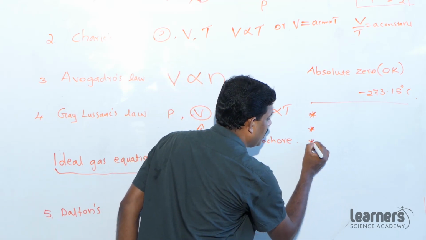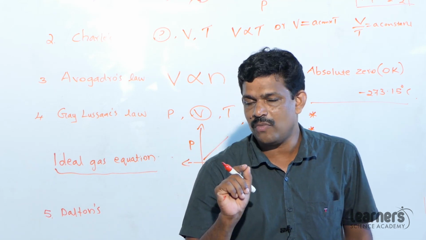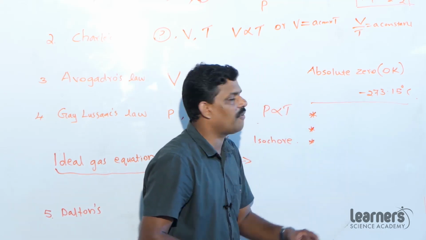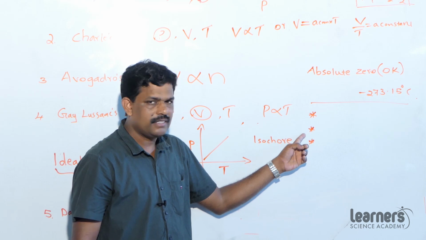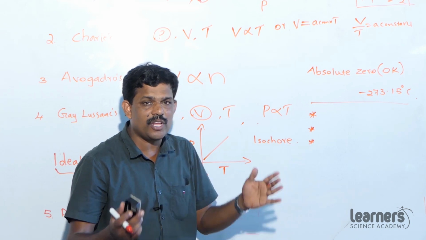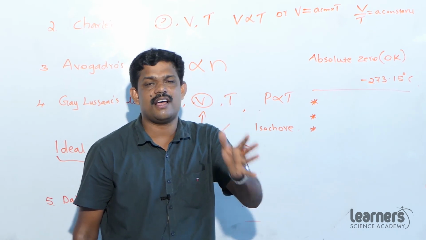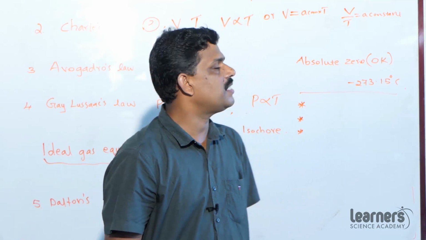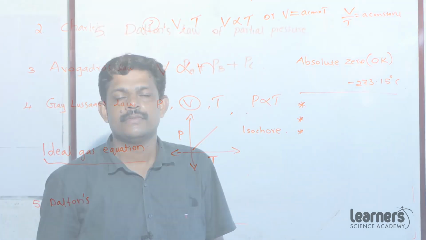And third, it is the temperature at which the volume of a gas becomes zero. These are the three definitions for absolute zero.